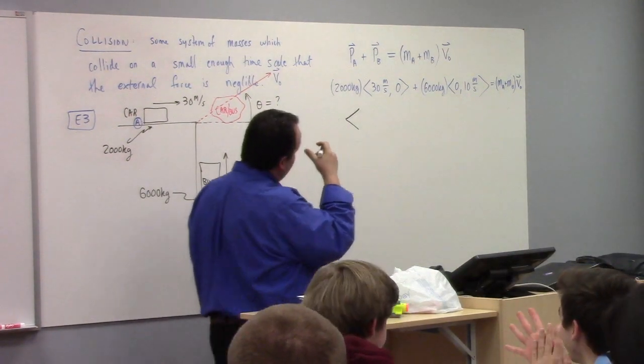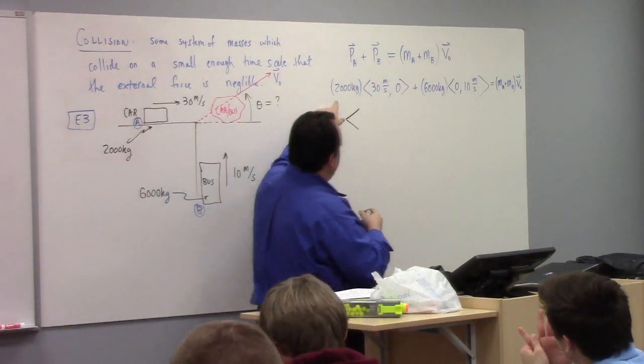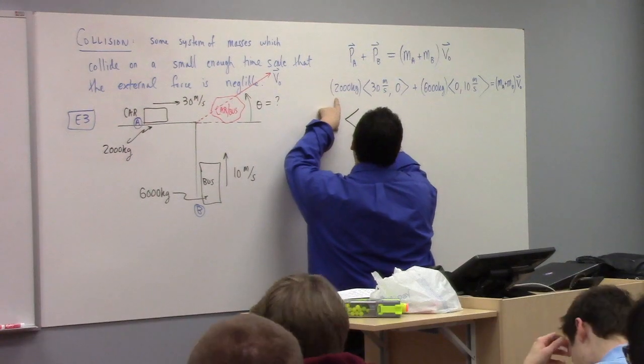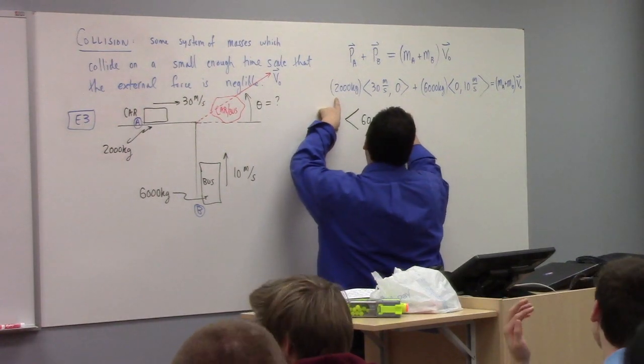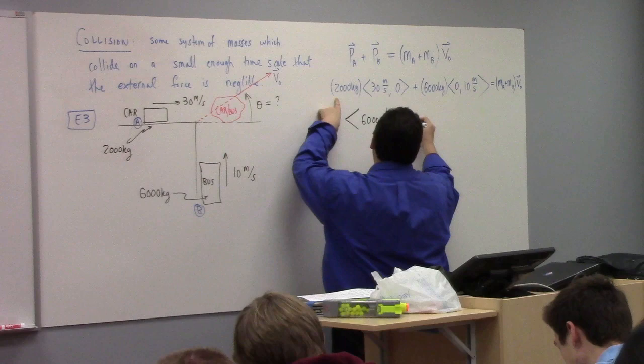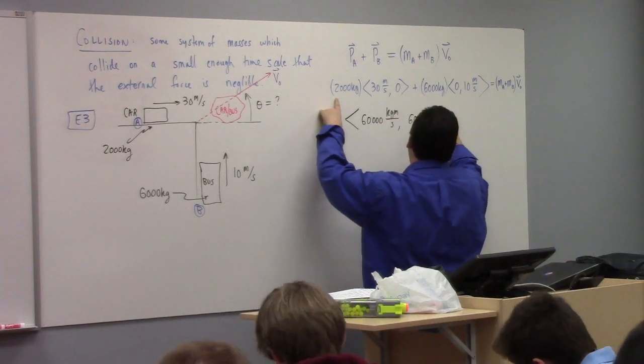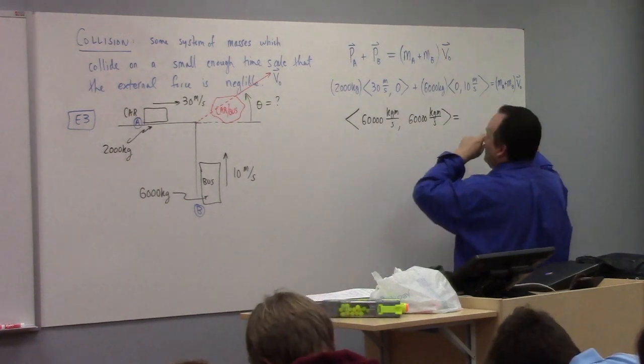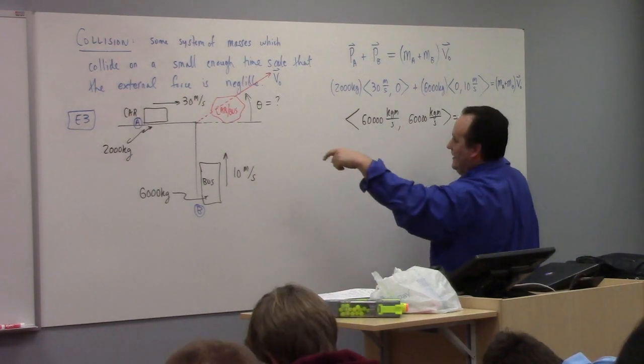So what we have here is 60,000 kilogram meters per second is equal to, well, what's MA plus MB? 8,000, yeah?